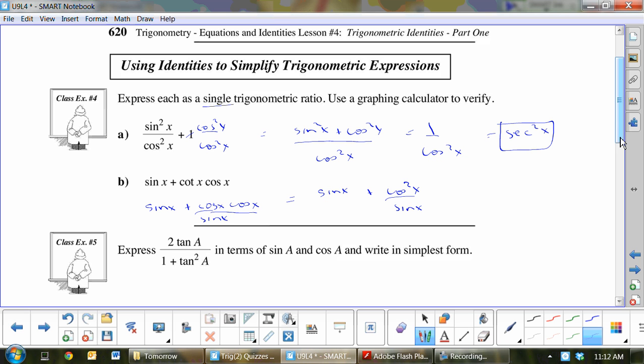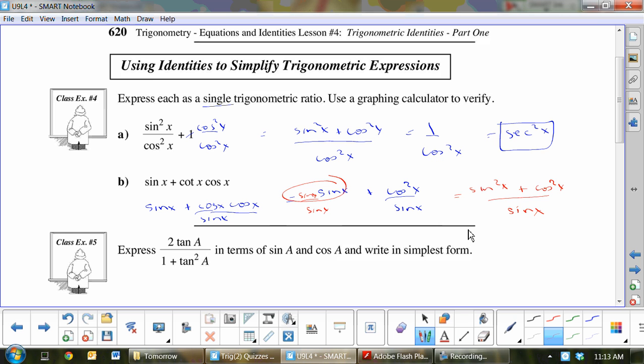Now, again, we're looking at a scenario similar to this, where I am not able to add them here. But if I multiply by sine x over sine x, so I multiply by 1, you can do that. You're not breaking any laws of mathematics there. So this will make sine squared x, and then plus your cos squared x over sine x. See, when you add two things together, your denominator stays the same.